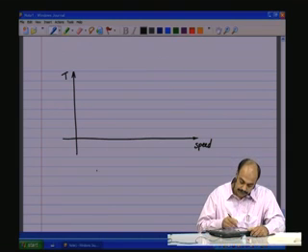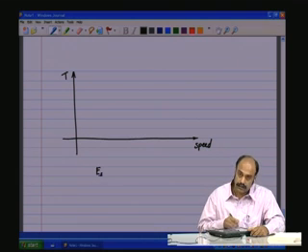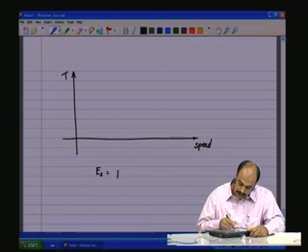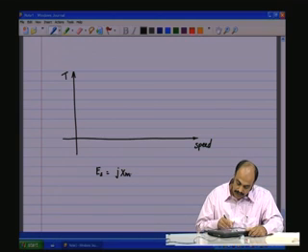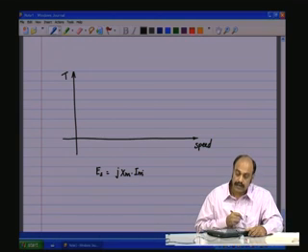But if, let us say, the applied voltage E stator is such that the voltage across the magnetizing reactance is now Es, which is j Xm into Im, the magnetizing current.